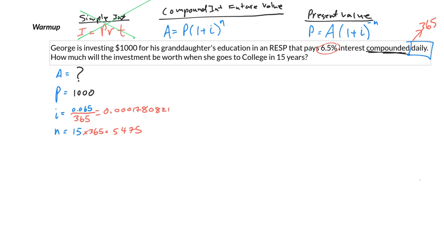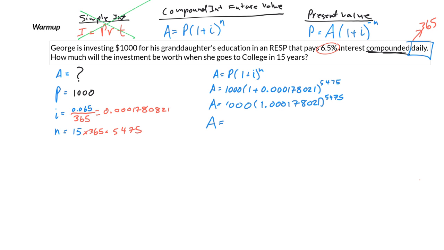So now let's do our calculation for A = P(1 + I)^n. As usual, we always start by writing out our basic equation, then we do our substitution. And we have this for our substitution. Now let's simplify a little bit to make the calculation a little easier before we put it in our calculator. And we end up with something like this.